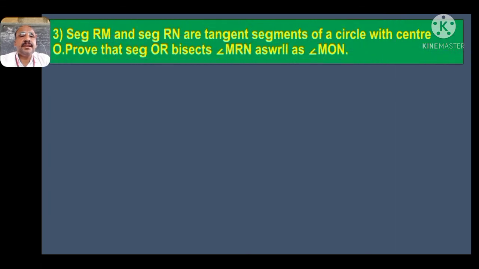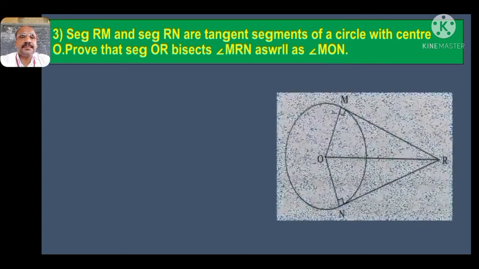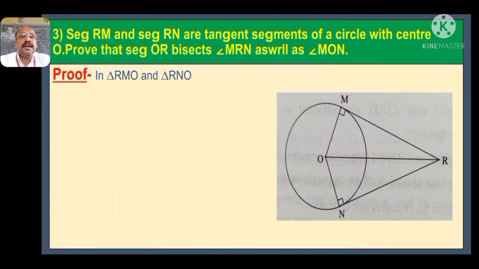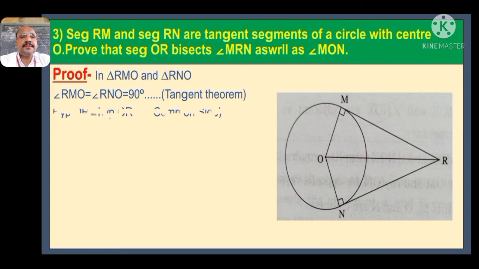Now, question number third. Segment RM and segment RN are tangent segments of a circle with center O. Prove that segment OR bisects angle MRN as well as angle MON. Here the figure is given. Proof. In triangle RMO and triangle RNO, angle RMO is equal to angle RNO, which is equal to 90 degrees according to the tangent theorem.